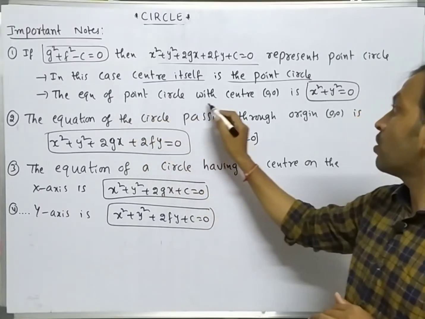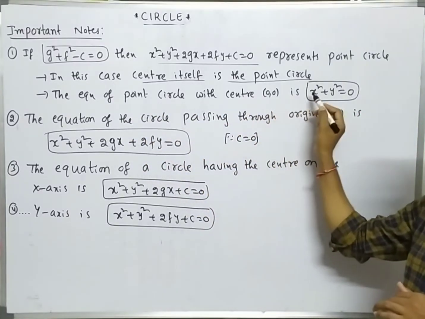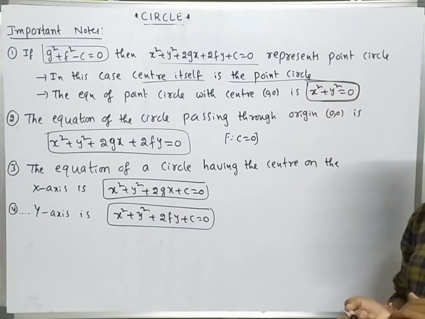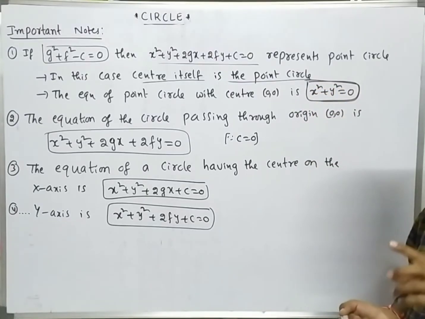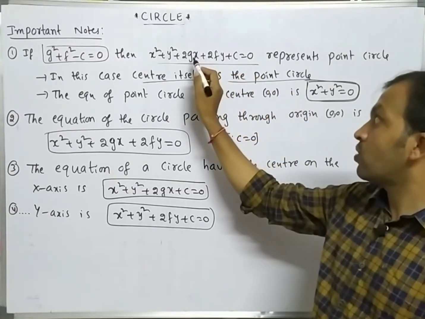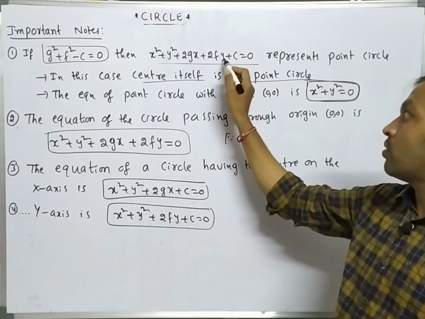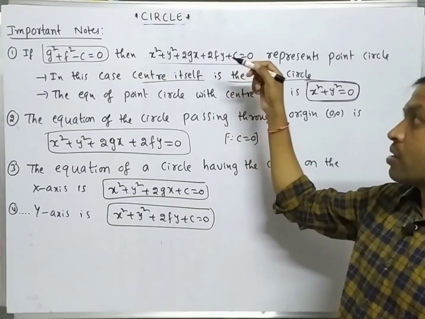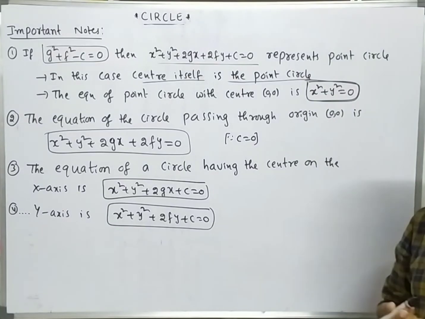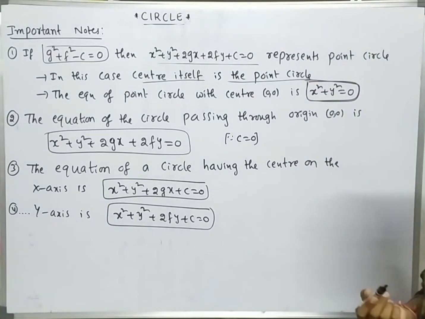So the equation of the point circle with center 0 comma 0 is x square plus y square is equal to 0. The center, minus g comma minus f, is 0 comma 0. Then substitute g is equal to 0, f is equal to 0, then the constant becomes 0. Okay, so then x square plus y square is equal to 0, right?